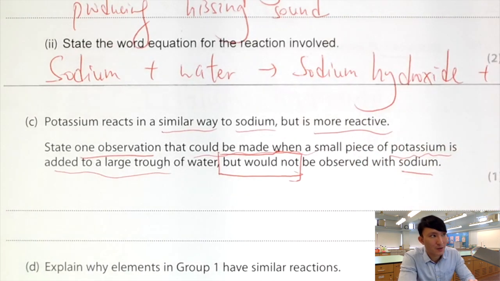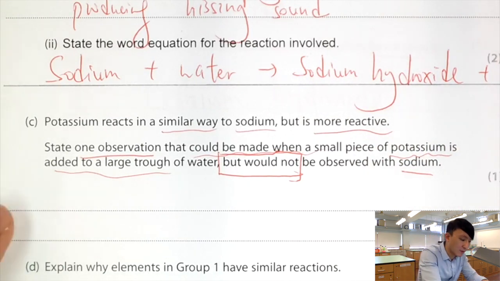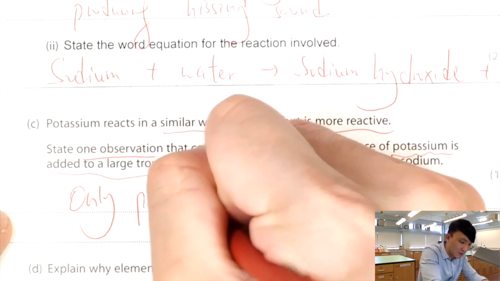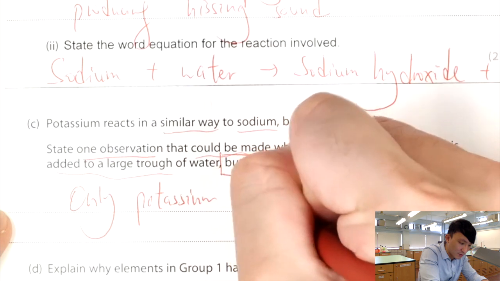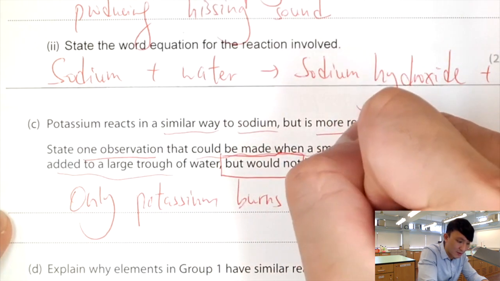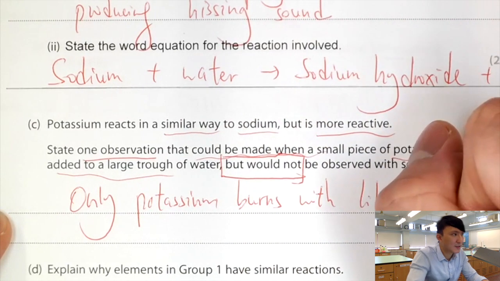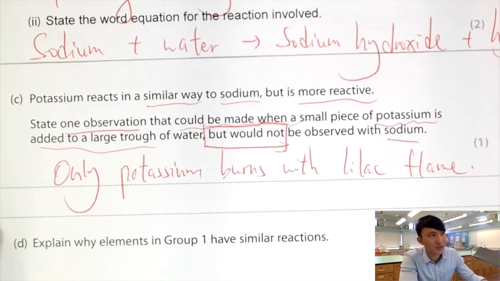The only observation that could be made with potassium and water has to be the lilac flame, the characteristic lilac flame. So we will put down here only potassium burns with lilac flame. Okay, so that should do it.